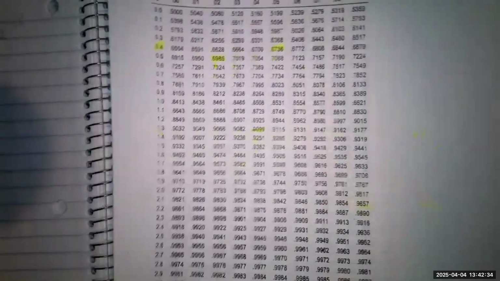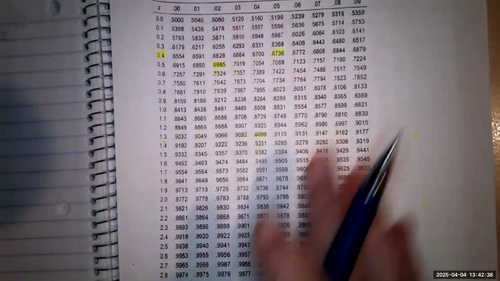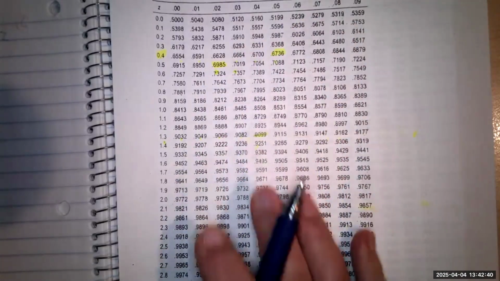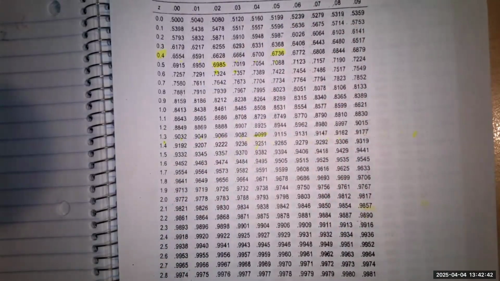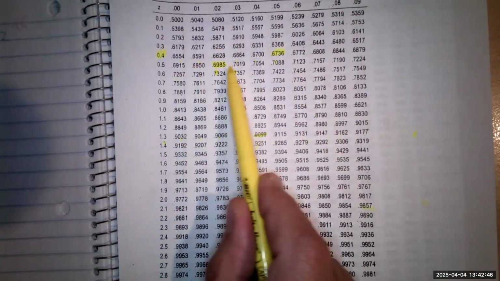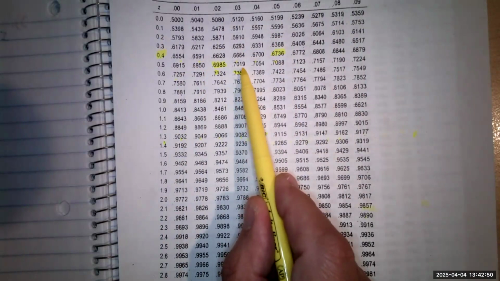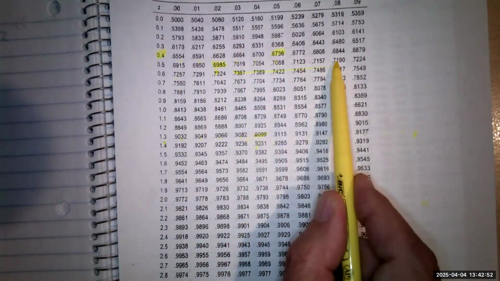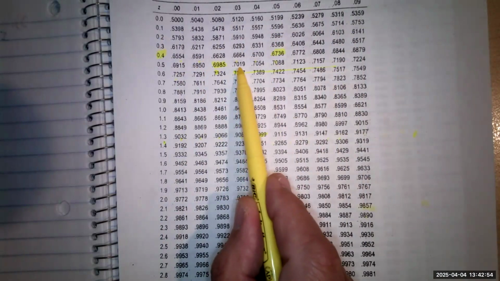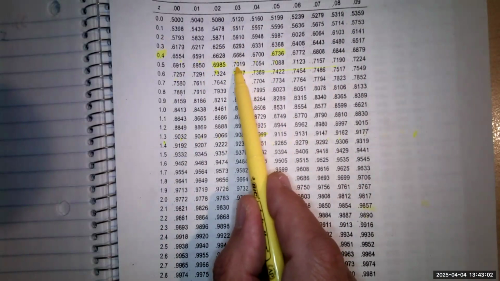You go to the z score table. These are the z numbers, and this is the percentage. So you look for the number close to 70%. This is the first time that you get to 70%. The smallest number is this one, but you can be more precise.